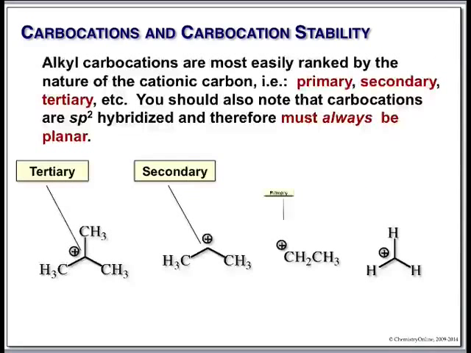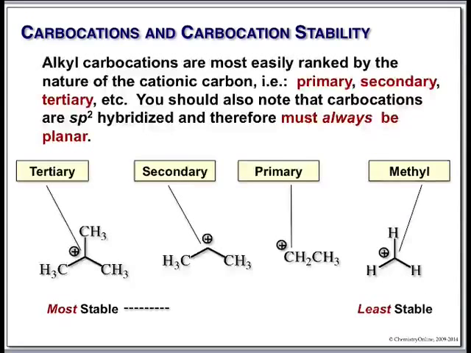The simple fact is that there's a very reproducible ordering in stability. If you have a tertiary carbon, so a carbon bonded to 3 other carbons, that will form a fairly stable carbocation. Secondary will be less stable, primary will be less stable, and a methyl is very unstable.